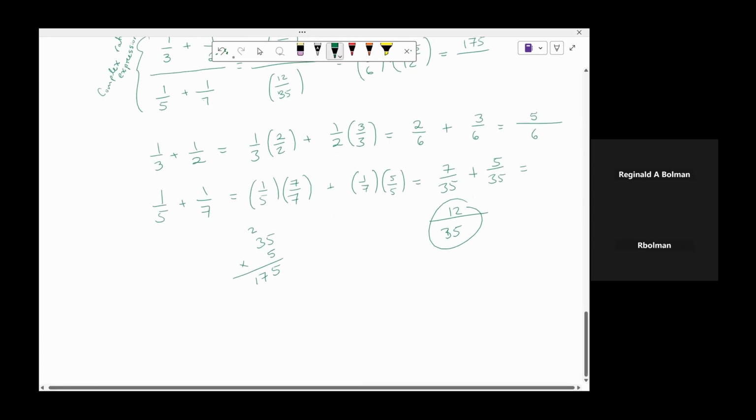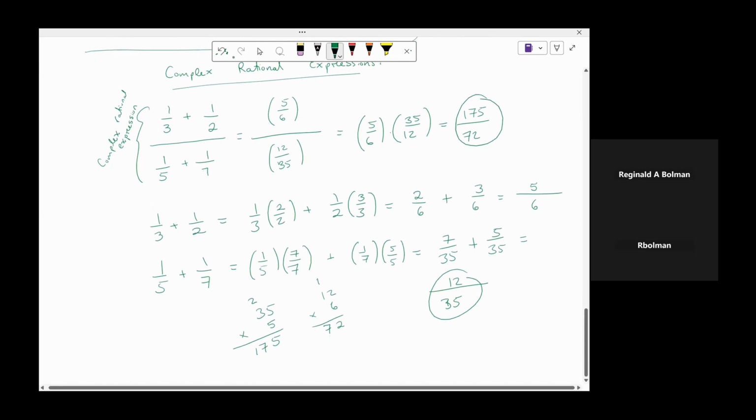And we have 12 times 6, which should be, what is that, 72, I believe. But if we did not know our multiplication tables, 6 times 2 gives you 12. Carry your 1. 6 times 1 is 6, plus 1 gives you 7. So you do indeed have 72 in your denominator. And of course, this is your answer, which looks a lot prettier as a mixed number.